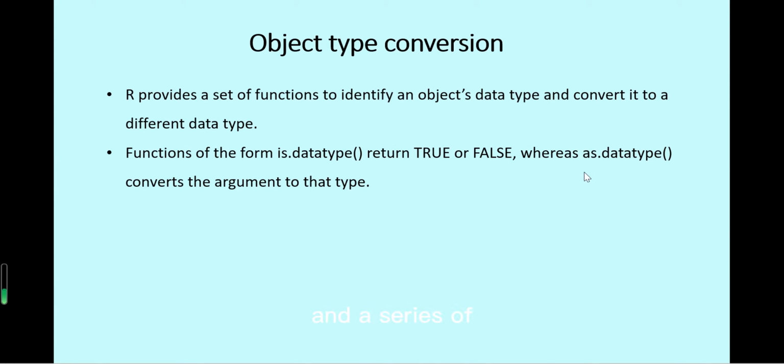And a series of other functions of the form as.datatype, where datatype is a specific data type, will convert the object or variable to that type.